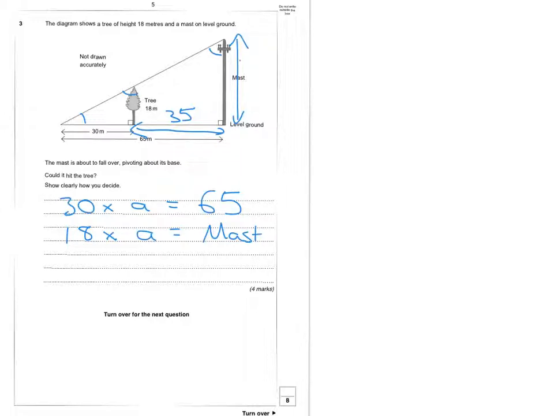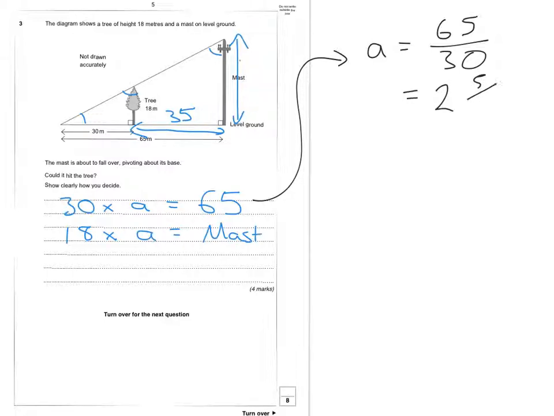So A equals 65 over 30, which is 2 5/30, which is 2 1/6.